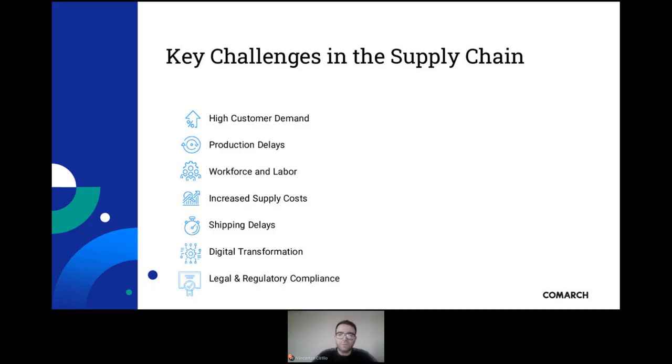A combination of customer expectation, industry complexity, and other factors can create a significant challenge in the supply chain network. So in this slide, there are the main key challenges that leaders are dealing with nowadays. One of them, of course, is the high customer demand.